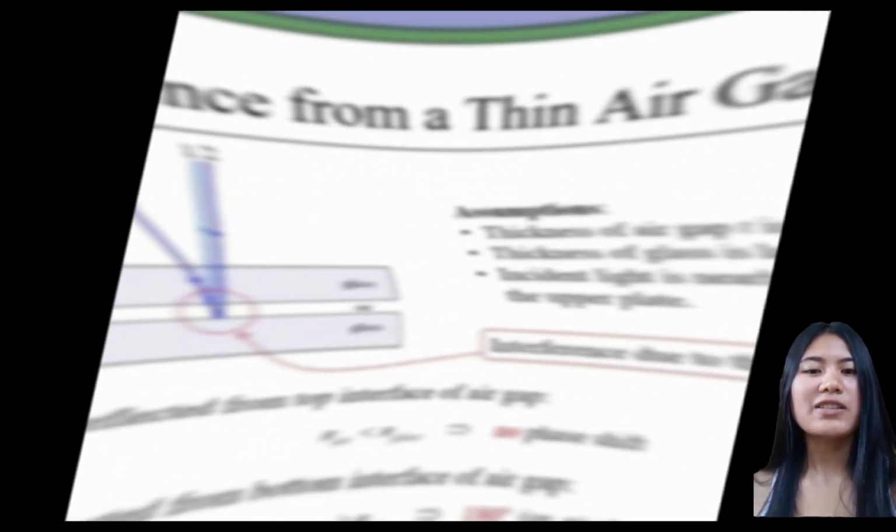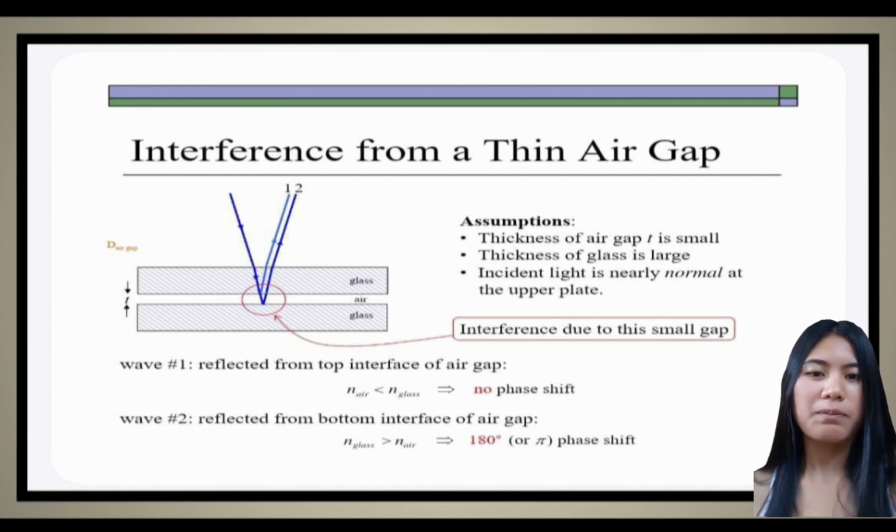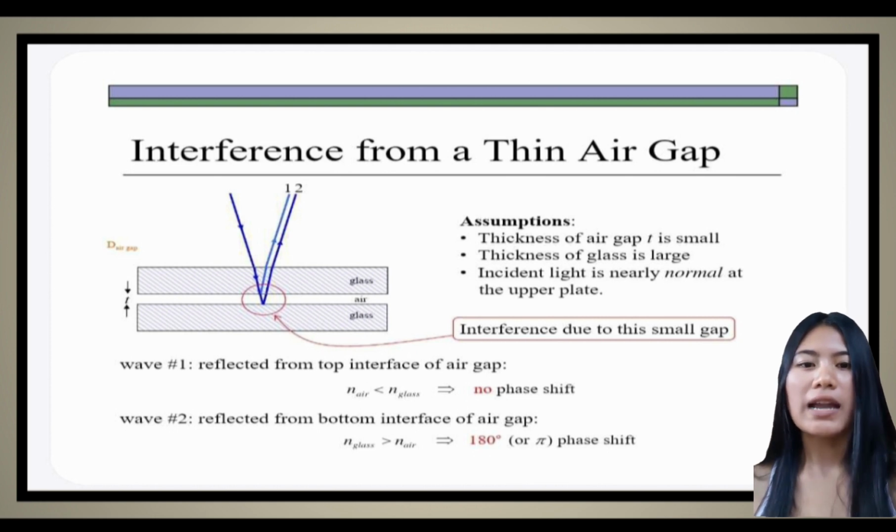Interference from a thin air gap in physics refers to the phenomenon where light waves experience interference as they pass through a narrow space filled with air. This is often encountered in the context of thin films, where there is a small gap between two transparent layers.